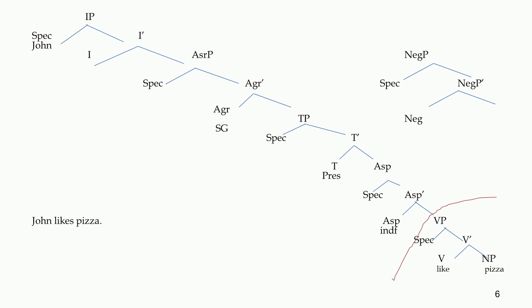Now, this needs to be in the functional domain because it is from the functional domain that it can guarantee the interpretation of elements that are dependent on it. That is, from the functional domain, it can dominate all other positions in the lexical domain.